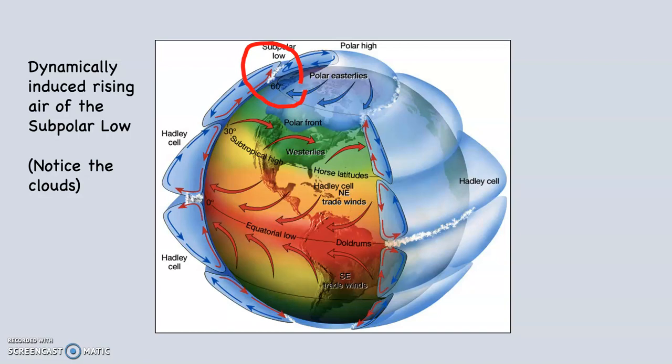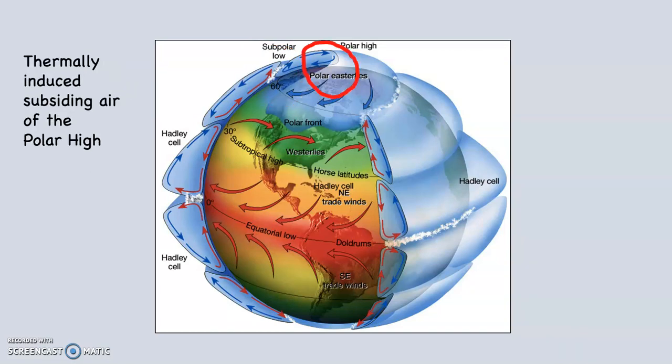That's going to meet blue arrows, which means cold air, of course, coming away from the polar high. Once again, where they meet at about 60 degrees north and 60 degrees south, of course, also. Notice there's clouds there. See that? Because you have rising air. The warm air is forced to rise, which creates a subpolar low. Then lastly, notice the thermally induced subsiding of the air at the polar highs.